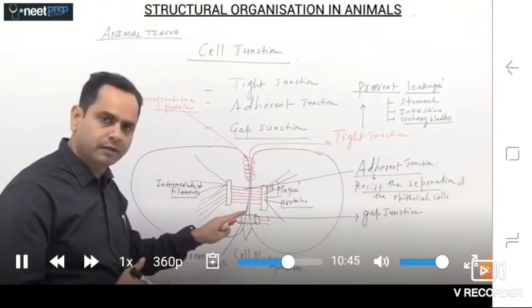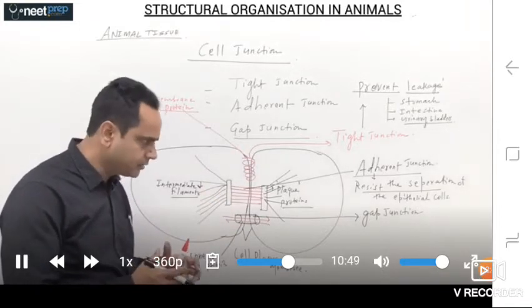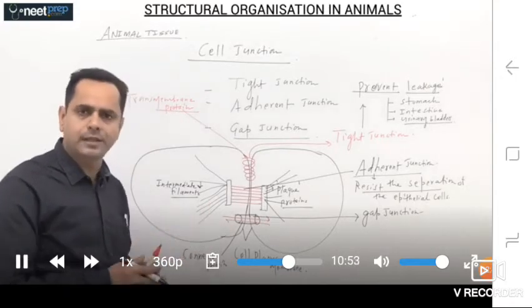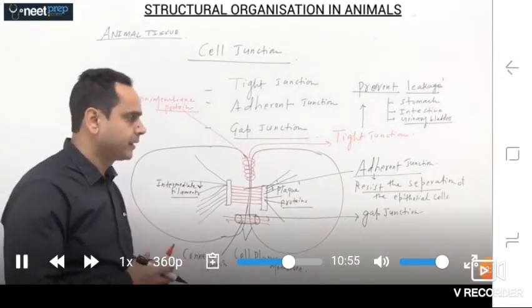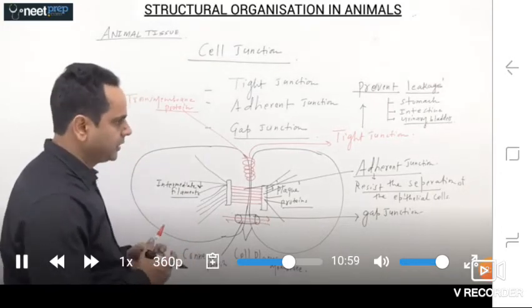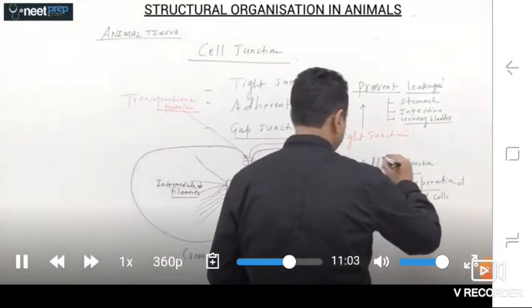Both cells support each other with the help of this adherent junction. So adherent junctions mainly prevent separation of the epithelial layer of cells, or we can say it resists the separation of epithelial cells. And this kind of adherent junction is very common in the skin.